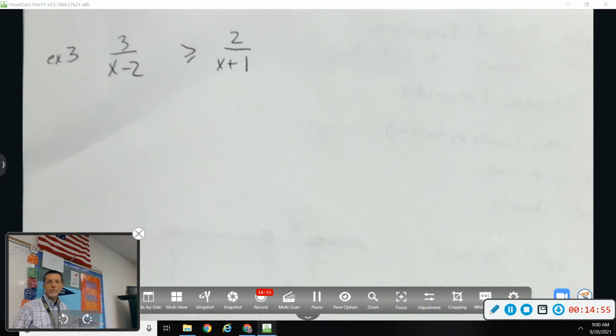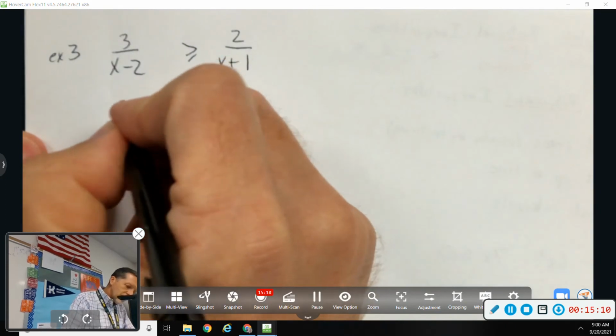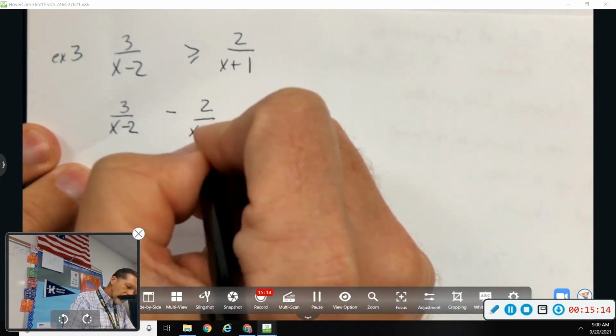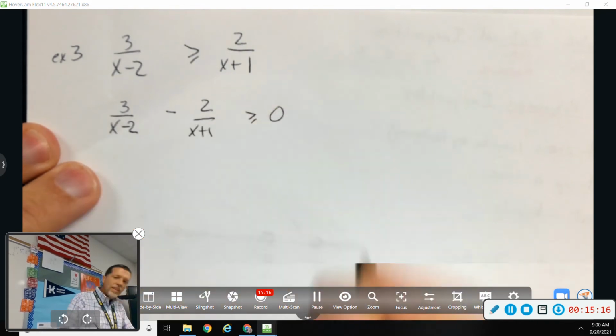What can we do to make there be a 0 there? Yeah, move it over. So his question was, is there always going to be a 0 there? And the answer is no, but there needs to be, so you make there be. So let's move it over. And now there's a 0 there.